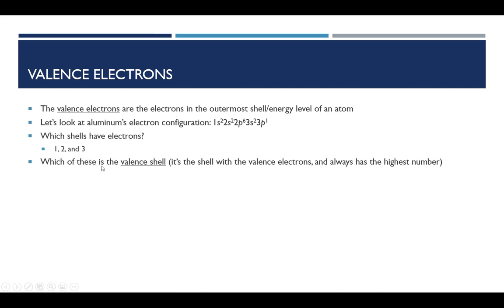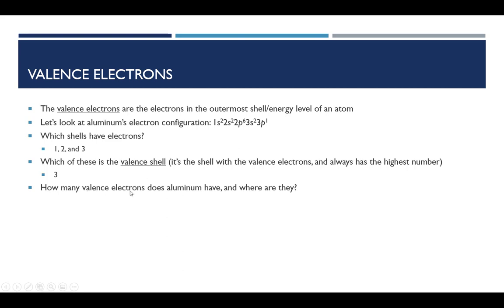We're going to call that the valence shell. So when you look at an electron configuration, it's always the shell with the highest number. So 3 is the valence shell. That means the electrons that are spending their time furthest away from the nucleus are going to be in the third shell for aluminum.